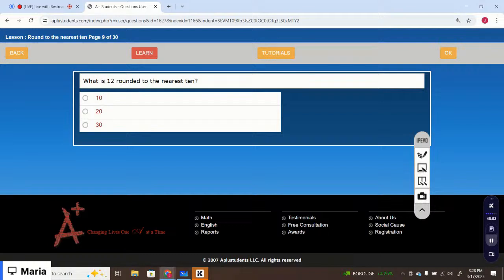What is 12 rounded to the nearest 10? So 12 is rounded to 10. Option number 1 is the correct option.